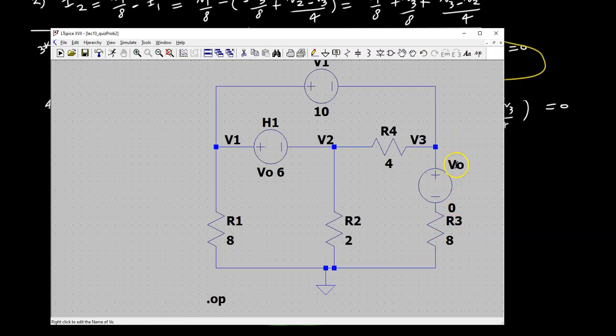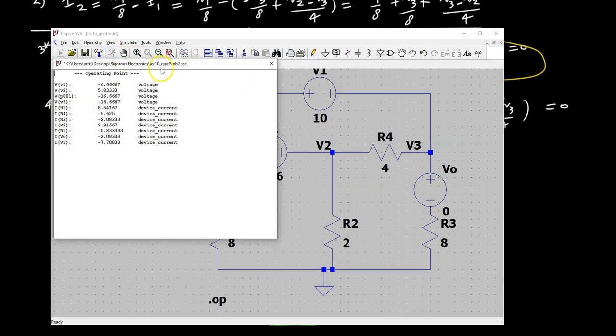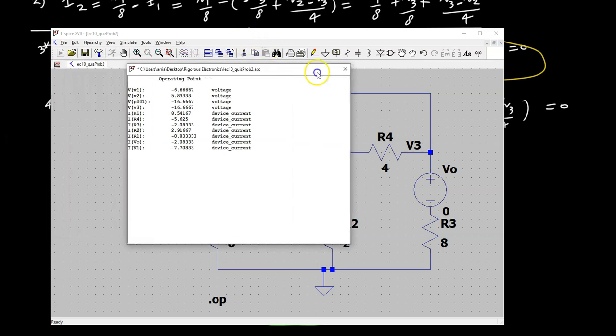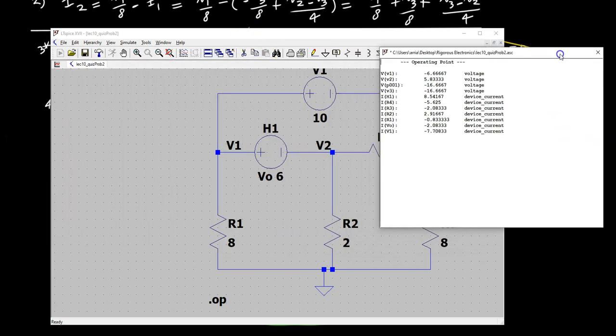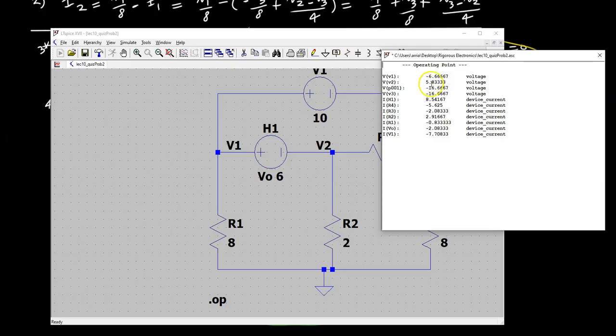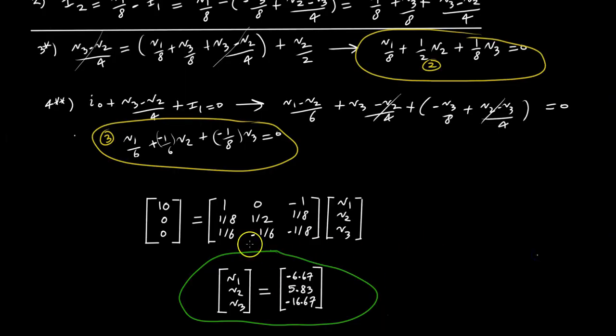I'm using the variable name V0 and multiplying by 6 to set the correct factor for the dependent source. And finally running a DC analysis to find that these values are equal. You can see negative 6.6, 5.83, and negative 16.66, which is what we have here.